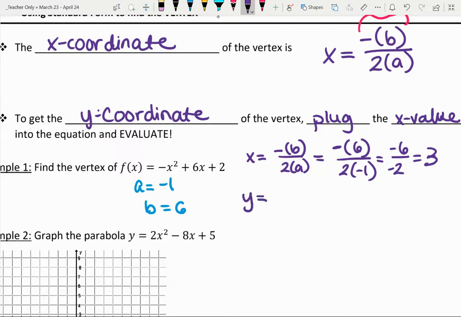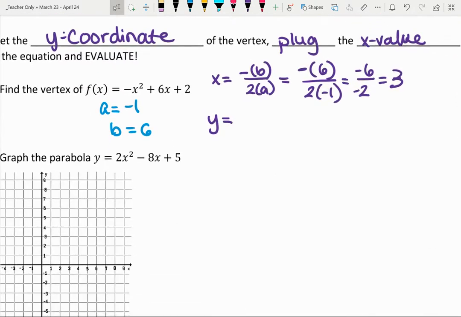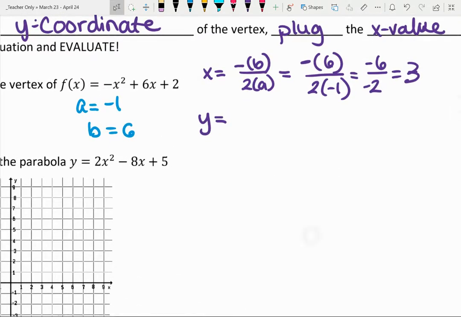And then I want to substitute that x value in to find the y value. So that will be -(3)^2 plus 6(3) plus 2. Every time I replace an x value, I'm going to enclose it in parentheses. Again, dealing with positives and negatives along the way, parentheses are just going to be good friends of ours.